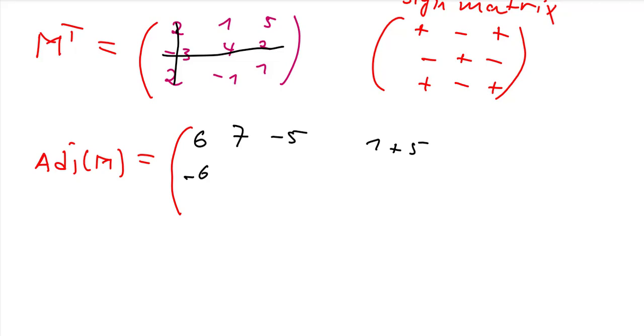And the next, we do that for all the elements. Next is 4, shield: 1 times 2 is 2, minus 10, that will be negative 8. Negative 8, sign positive, so it remains negative 8. We do the same for 2, we shield.